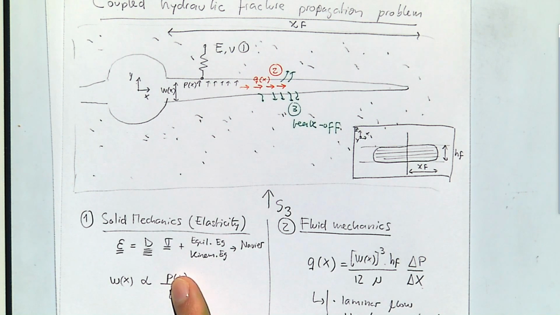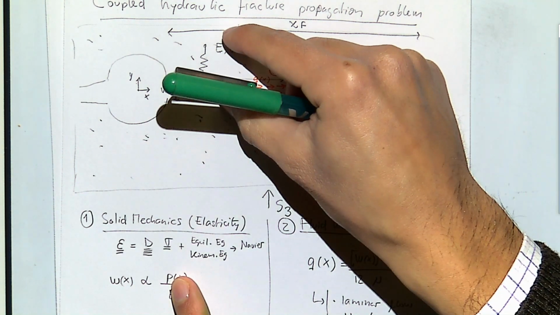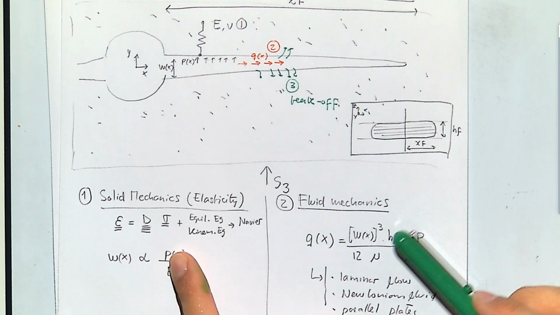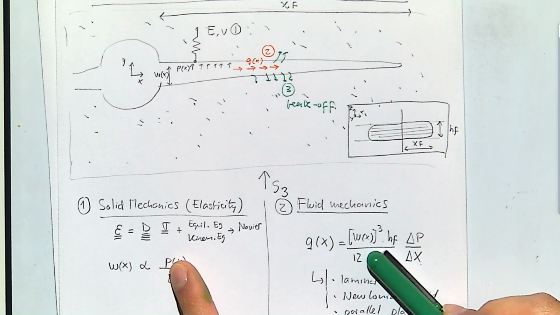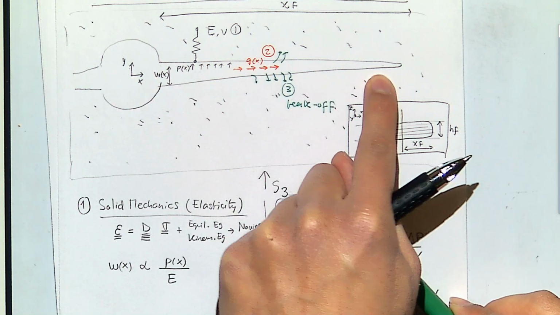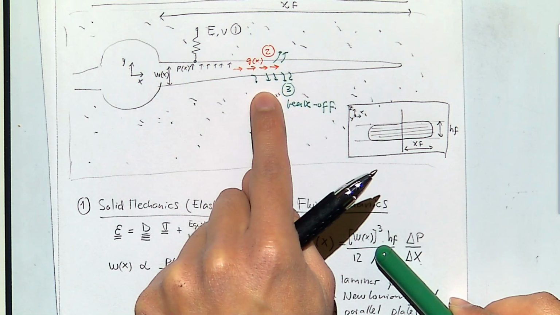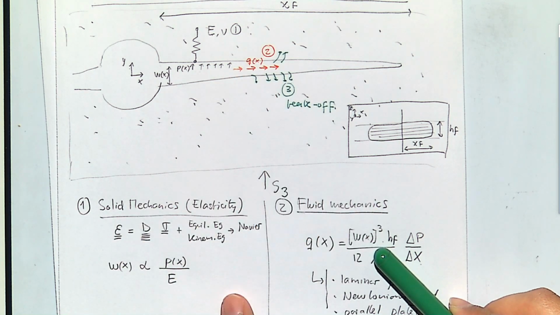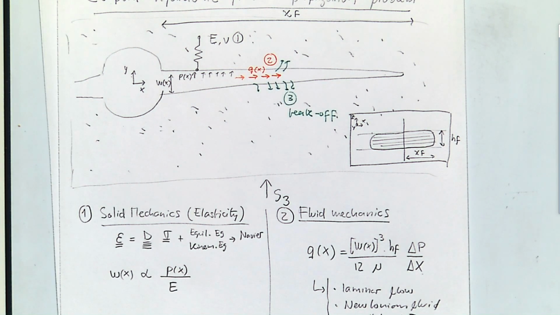Stress times strain, that's energy, and compressing these springs takes some energy. Second, it goes into viscous losses as the fluid goes from here to there. And some of that energy goes into viscous losses into the rock as the fluid goes into the rock. What are we missing?